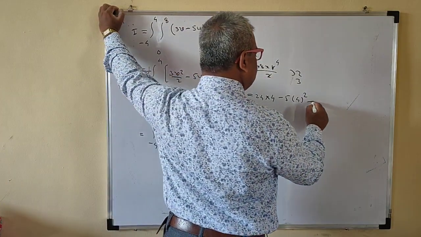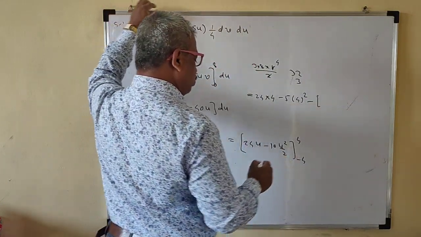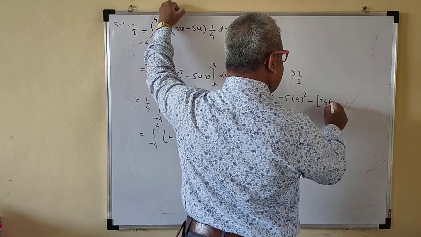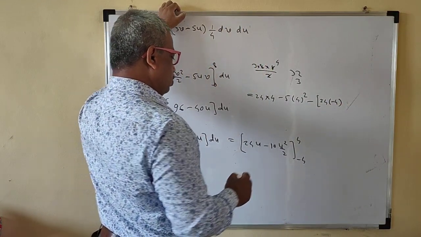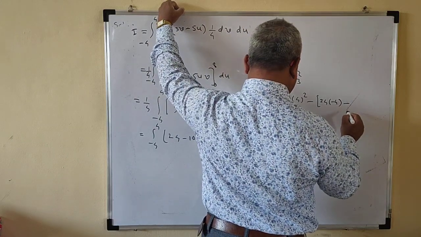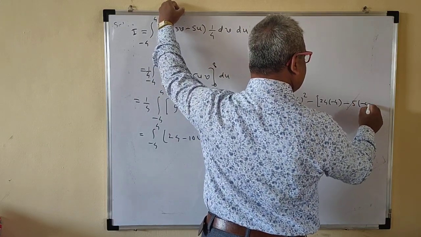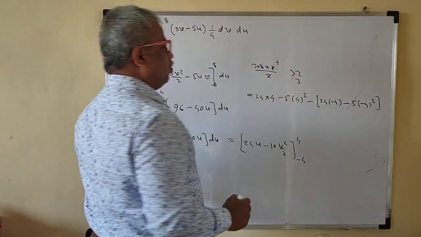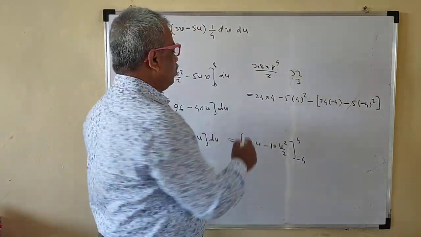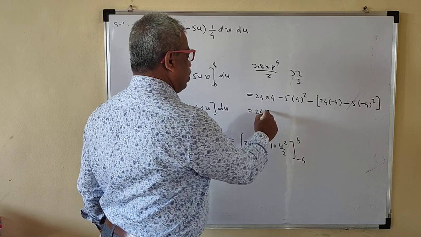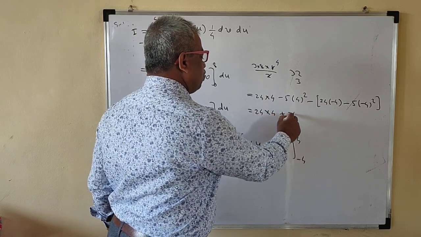Then minus, I write minus here. Okay, so then what? 24 into minus 4, then minus 5 into minus 4 square. Okay, so now this minus becomes plus, so it gets cancelled. So only here 24 into 4 plus 24 into 4.